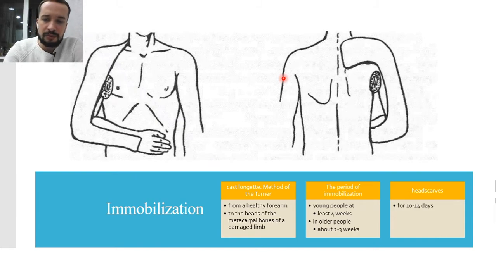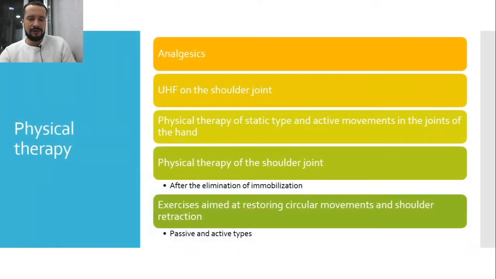The period of immobilization, in order to avoid the development of habitual dislocation of the shoulder, should be at least 4 weeks in young people, about 2–3 weeks in older people. In the elderly and weakened people, kerchief bandages are used for a period of 10–14 days.